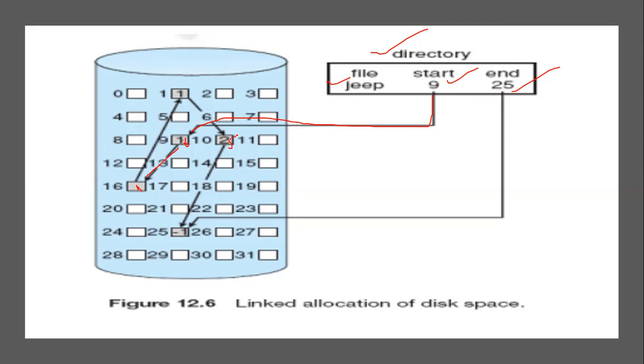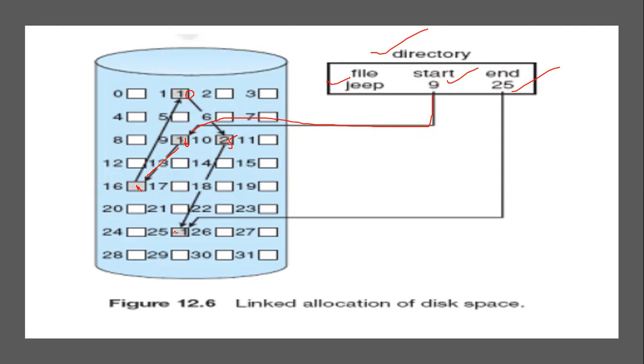Actually here only one digit is printed, that's why there's confusion. So 9 has block value 16. It goes to 16. 16 has the value 1. It goes to 1. 1 has 10. This is not 1; the value is hidden, it is 10. It comes to 10. 10 has the linked list value 25.